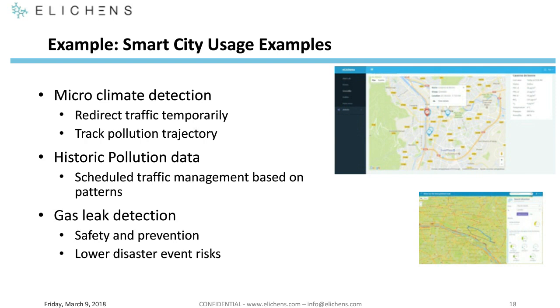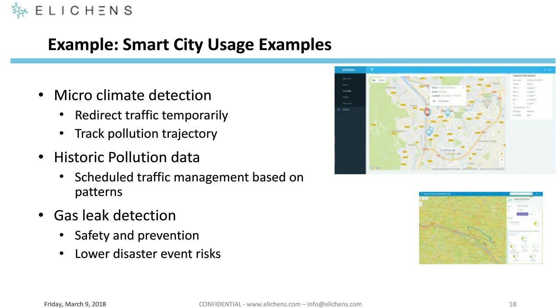Detecting this microclimate with this hardware-assisted air quality station really enables you to do some new services and new functions, for example, redirecting traffic temporarily, or tracking pollution trajectory within the city if there are some events that happen in that microclimate at that time of the day or of the week. Another example is building and using historic pollution data, which allows you, from a city standpoint or utilities or other functions you can roll out, to do scheduling, for example, traffic management based on patterns and historic data.